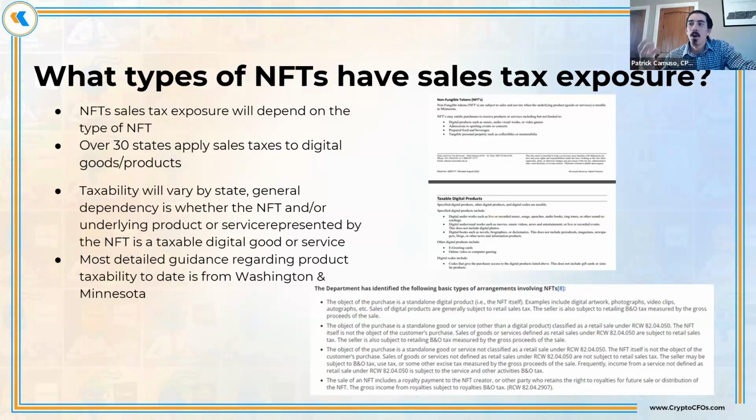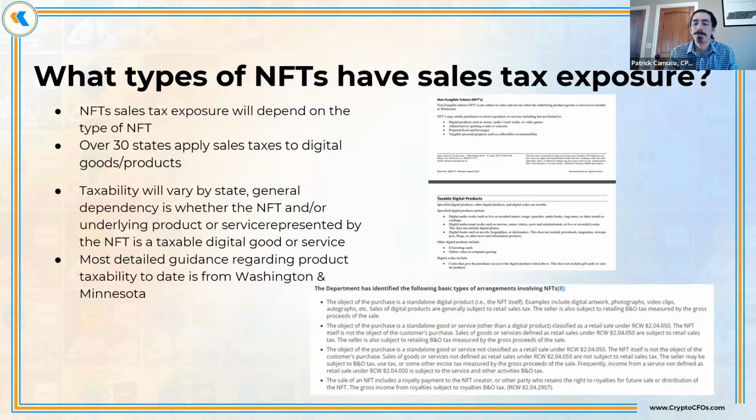And then they go on to outline a look-through approach that you'll see here, where the way that they worded it is, the object of purchase is a standalone good or service, and it's either classified as a retail sale or it's not classified as a retail sale. Meaning you want to look at what this NFT actually represents. Does this NFT represent ticket submission?